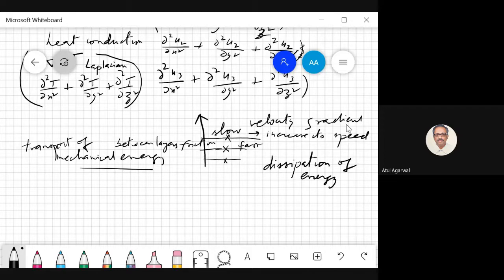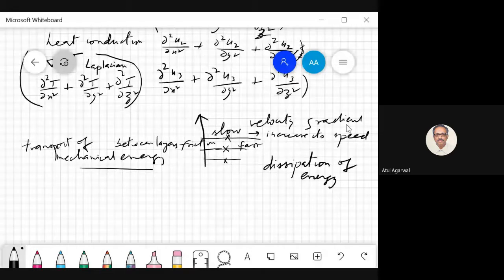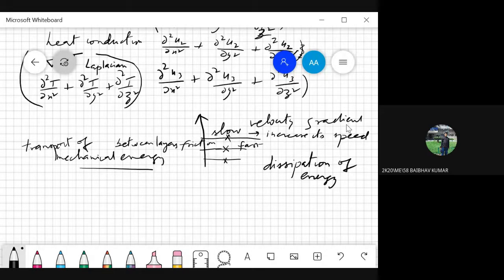But how does dissipation of energy occur? Because of viscous effects, the molecules interfere with the neighboring molecules. So there is also increase in molecular motion. So you can say there is increase in thermal motion of the molecules because of rubbing each other.